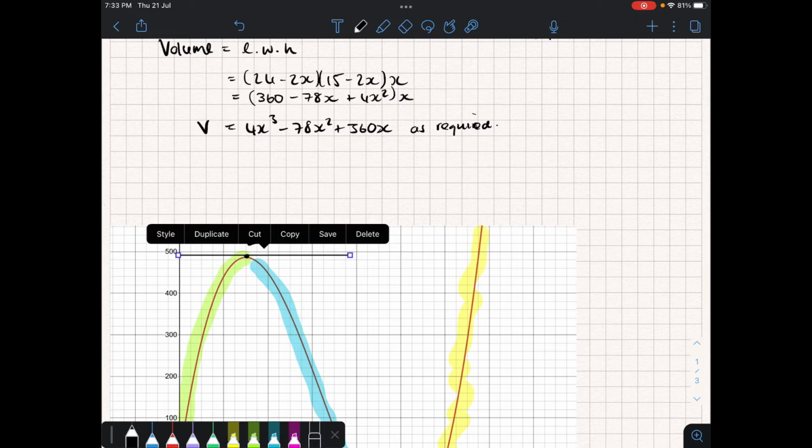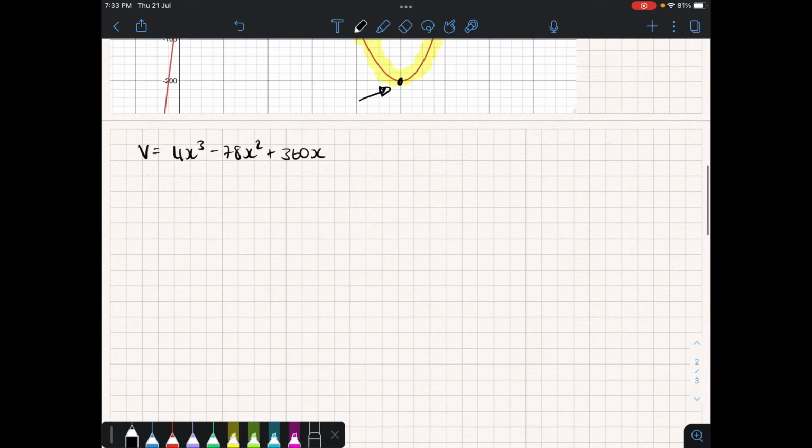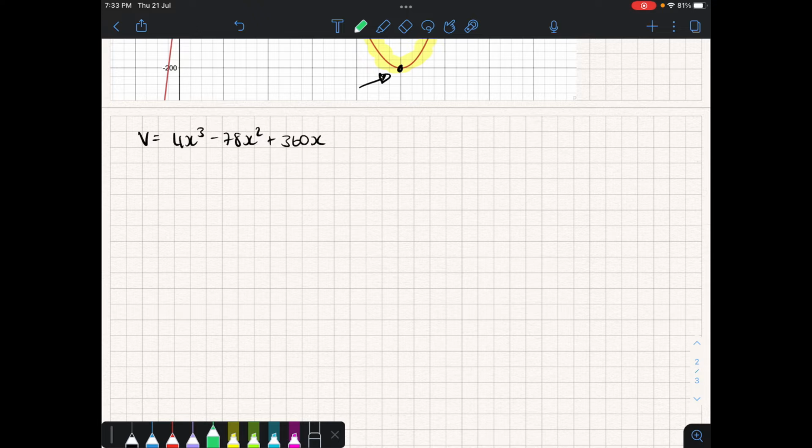So if I want to calculate that, I need to find the gradient equation. So we will just differentiate the whole equation with respect to X. And then I'll get an equation for dV on dx. Okay, so it won't be dy on dx because I don't have y, I have volume. So dv on dx is equal to, and just using the power rule, I will get 12x squared minus 156x plus 360.